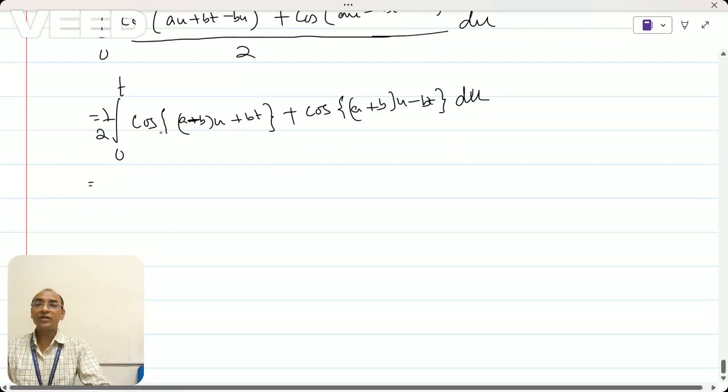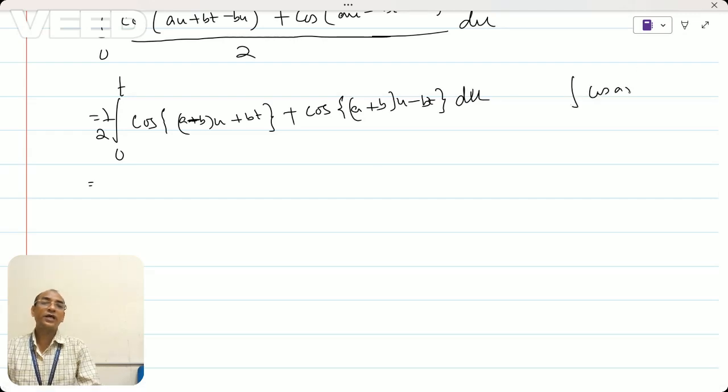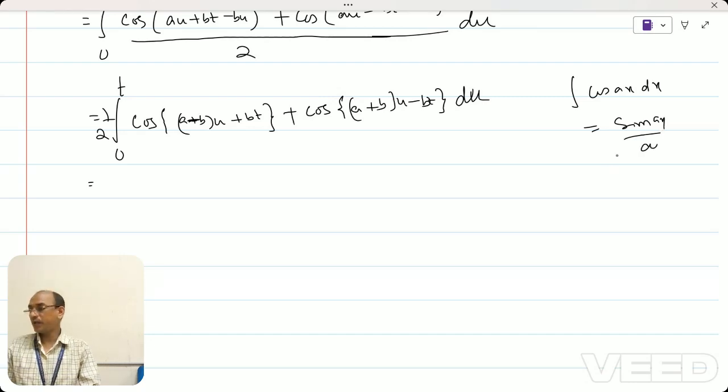Now you see that integration of cos ax dx is nothing but sin ax by a. Accordingly, here in place of a, I am having a minus b of u, and I am integrating with respect to u.